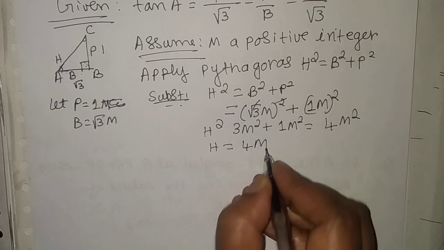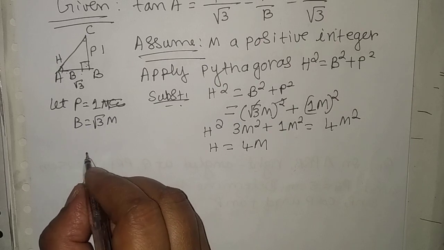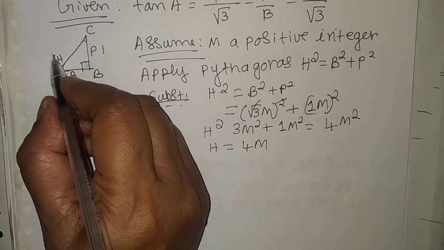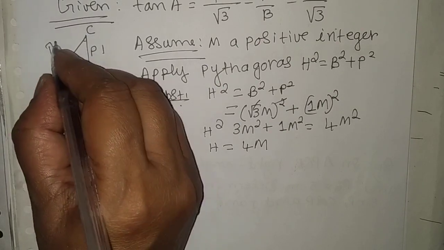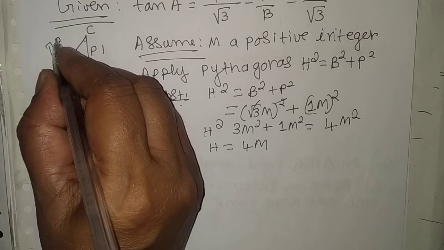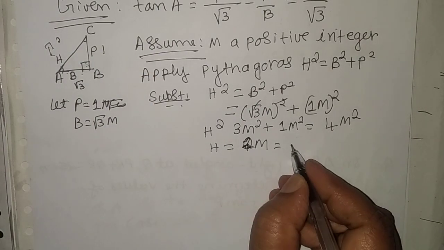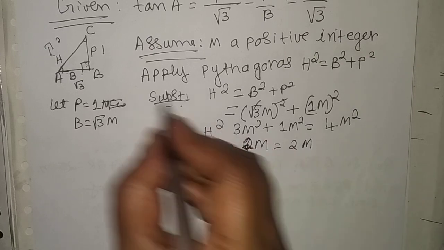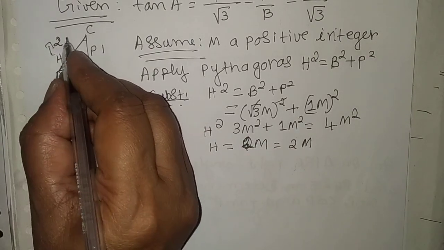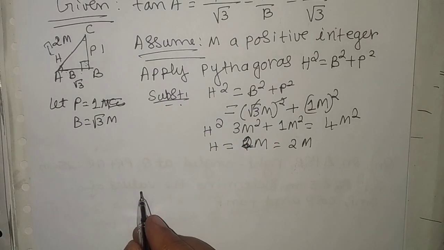So h is equal to 2m, since the square root of 4 is 2, and m we can include.